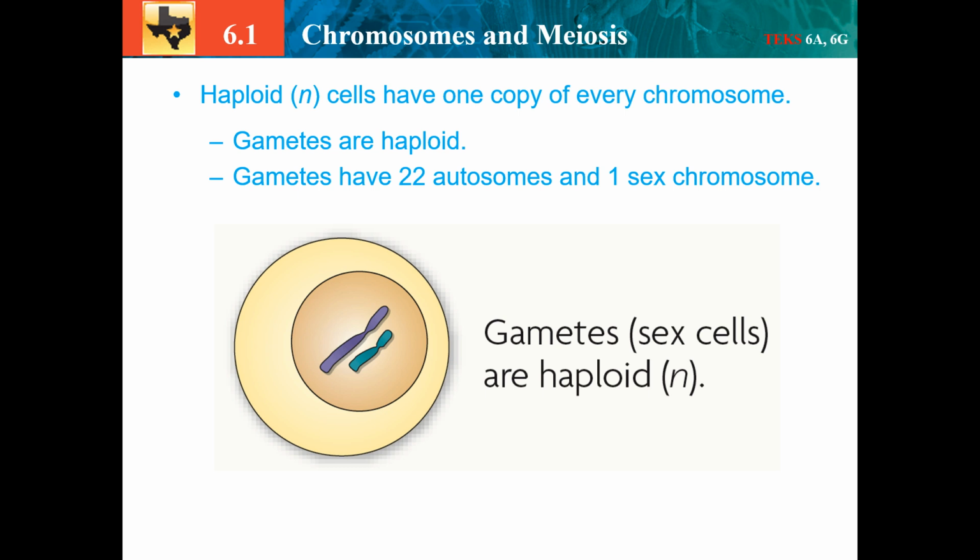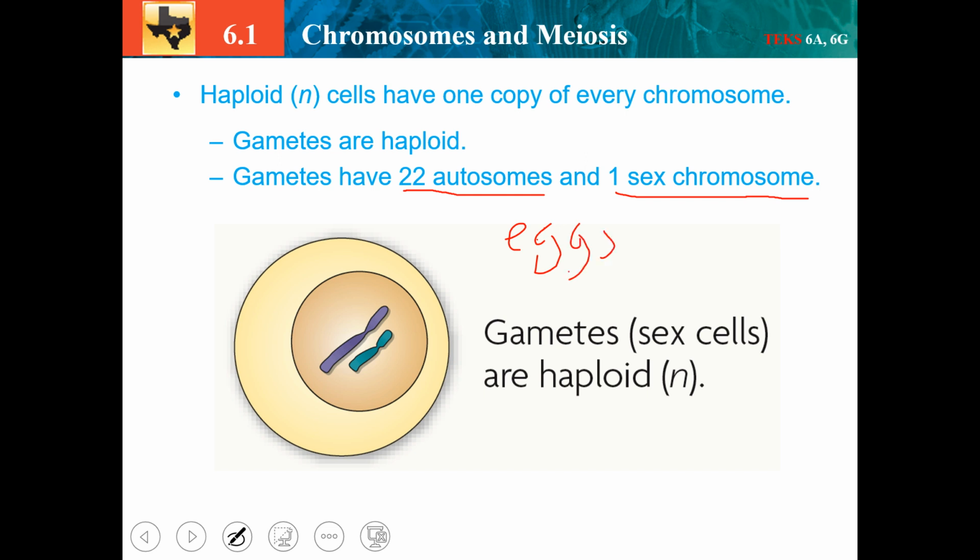And the gametes, again, they're the sex cells. They're the eggs and the sperm. These gametes are going to have 22 of the autosomes and then 1 sex chromosome, meaning there's only one. So the eggs from the female give an X chromosome.